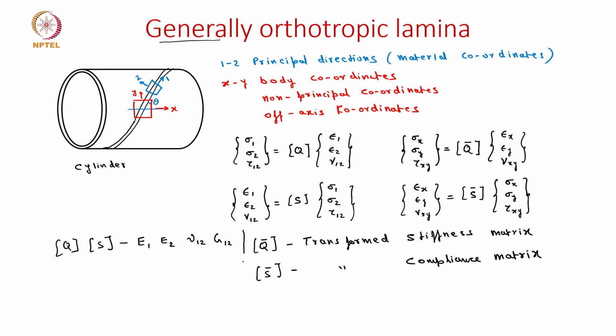But now when we are discussing the transformed stiffness matrix, we will again use the same elastic constants, which are E1, E2, nu 12 and G12, but in addition to that we also need to define the orientation angle theta. So, we need 4 plus 1, 5 constants to be able to write this transformed stiffness and the compliance matrix.